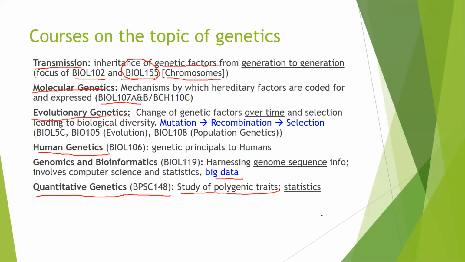That's a simple case, a simple trait controlled by only a single gene. But in this class, we're gonna study complex traits, which are controlled by more than one locus. All right, so I think I just finished the introduction to show you what other opportunities you have to further explore genetics on this campus.